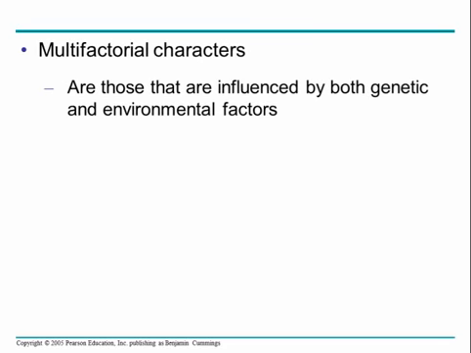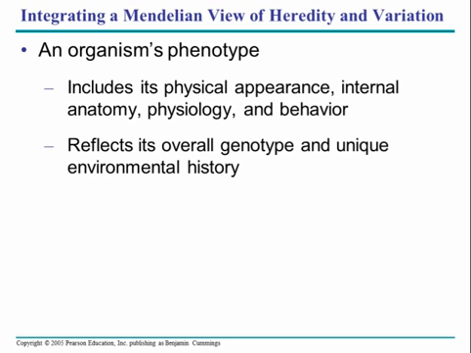We call these things that have both genetic and environmental factors multifactorial characters, and a lot of things in humans are multifactorial characters. So an organism's phenotype, as you know, is both what its genotype codes for and its environmental exposure to various things, which can affect the gene expression, both in your lifetime and in the lifetime of your children, as shows some of the research, which we'll talk about later with epigenetics.